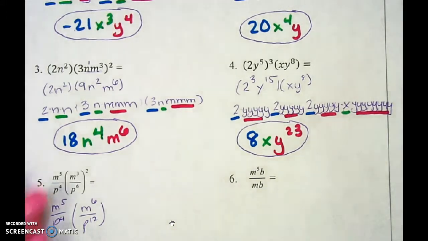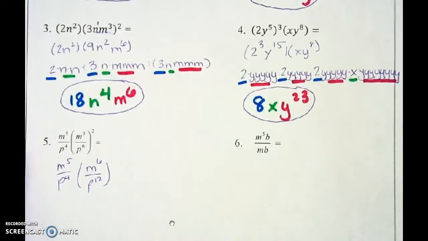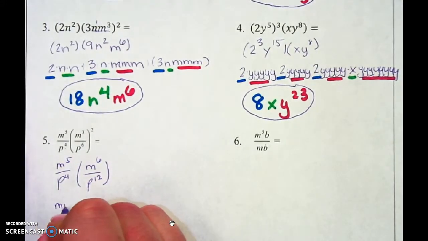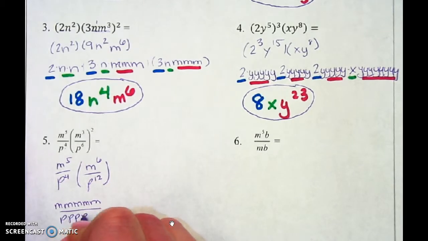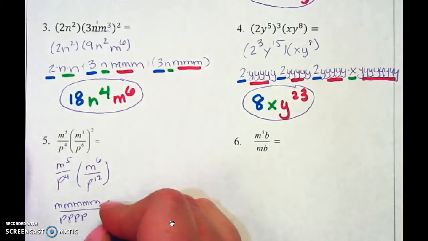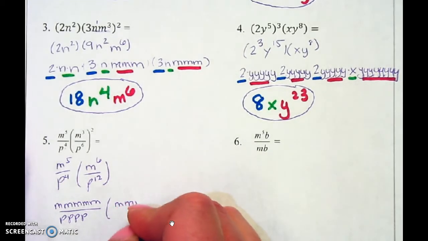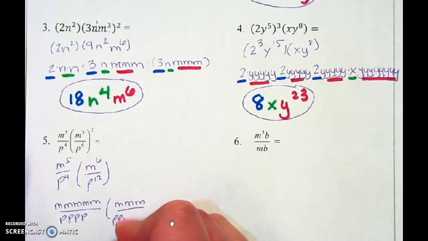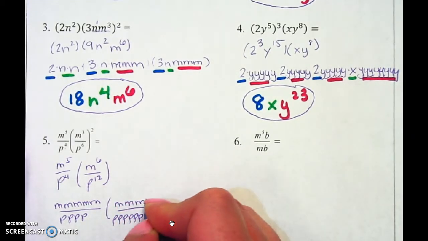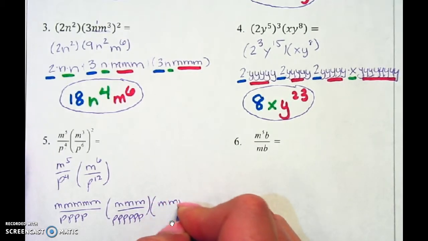If I write this out in expanded form, I would have m to the 5th over p to the 4th, and then I have m to the 3rd, p to the 6th, happening twice.